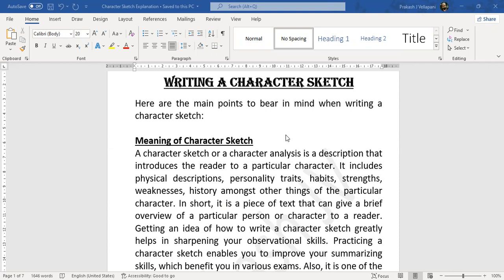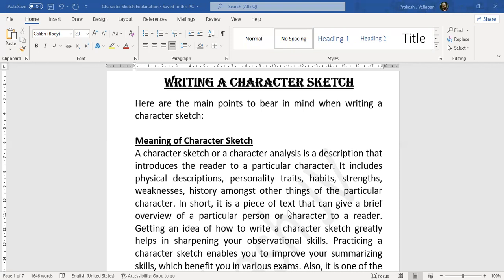When I say introducing the reader to a particular character, we are talking about including the physical description, personality traits, and the habits of the particular character. For any character from any of the stories or plays that you read, when we do a character analysis or write a character sketch, we need to include certain things: the character's personality traits, their habits, their strengths, their weaknesses, and the history or background of the character.